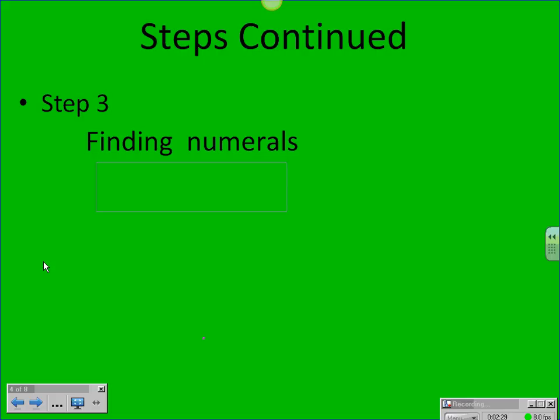Finding numerals. In our example problem, it's t squared. So you need your parentheses, and the base would be t. Now you have to find the factors of 42 that can also be added to 13.